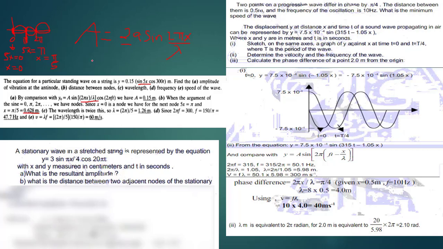What we do is just compare: we have 2 pi x over wavelength, which should be equal to the 5x we have been given in our equation. The x and x cancel, and you remain with wavelength equal to 2 pi over 5. As you can see, the wavelength is 2 pi over 5, and you get 1.26. We just reason that way.